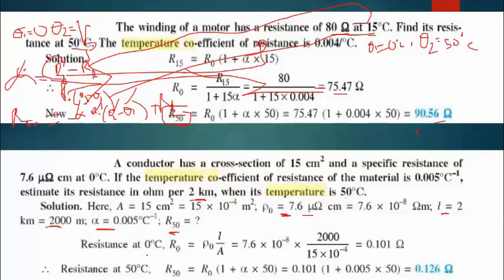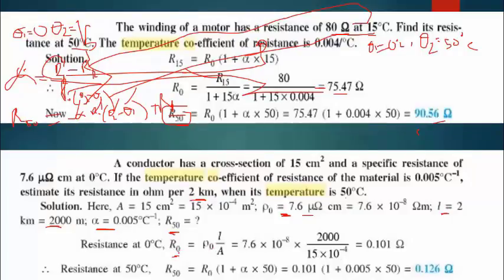So we know that the resistance at 0 degrees centigrade is equal to the resistivity at 0 degrees centigrade times length divided by area. You see, even the resistivity changes with temperature. That's why we have to specify the resistivity at what temperature.